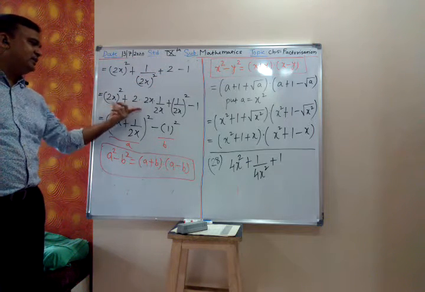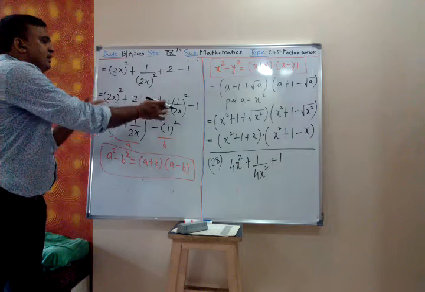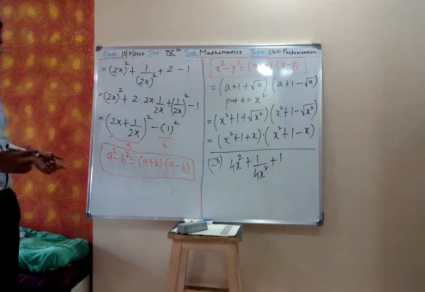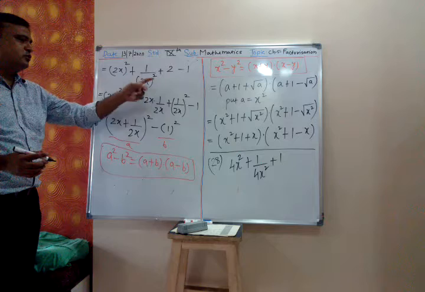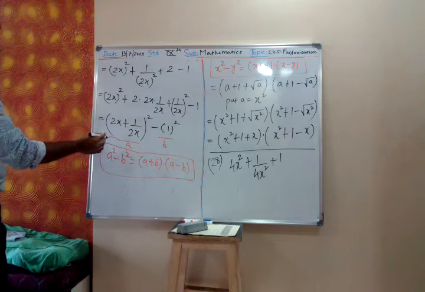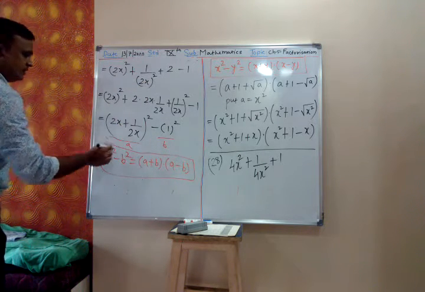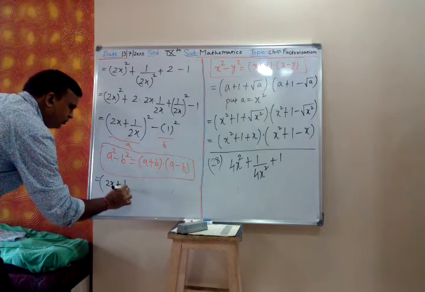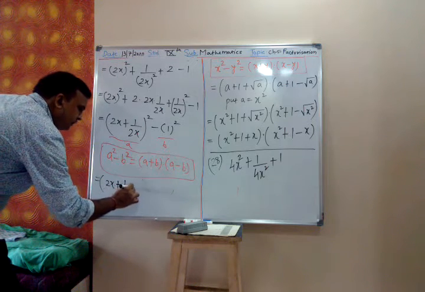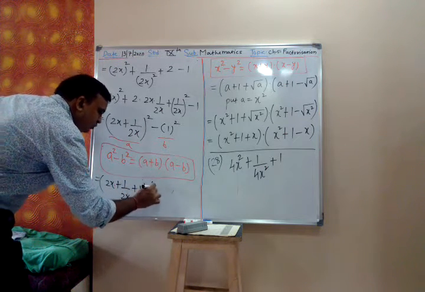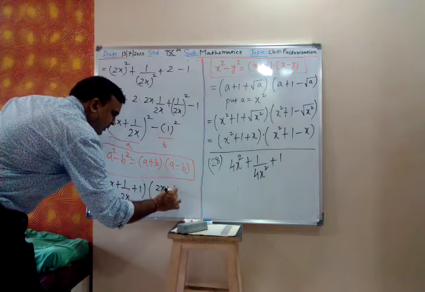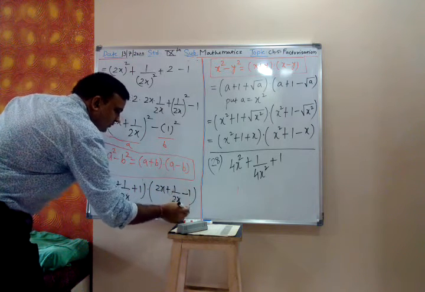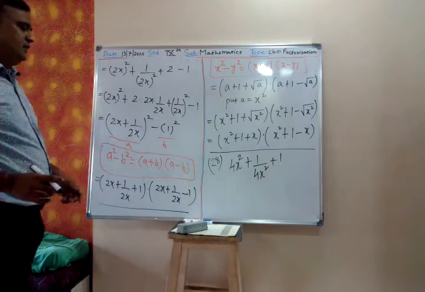So the first 3 terms I can write A plus B whole square. So now this is A square minus B square. So A plus B into A minus B: 2x plus 1 upon 2x plus 1 into 2x plus 1 upon 2x minus 1. Yes, this is the answer.